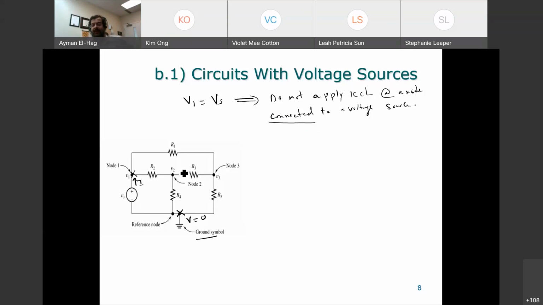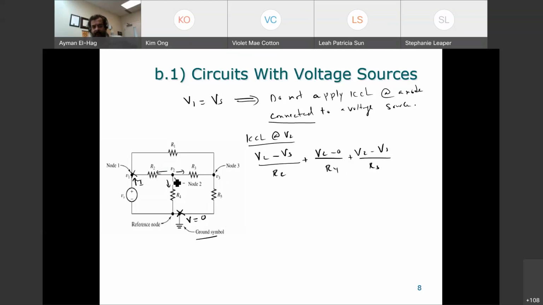So now here, the number of equations has been reduced to 2 actually. We have KCL at V2. Again, we'll assume the currents are leaving. So it is V2 minus V1, which is Vs, which is given to us, divided by R2, plus the current that goes down, it is V2 minus 0 divided by R4, plus V2 minus V3 divided by R3.